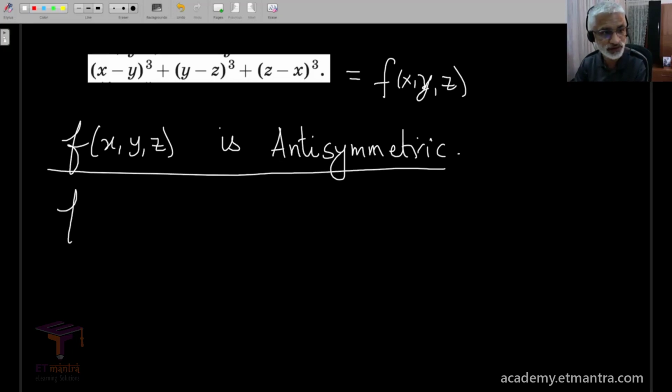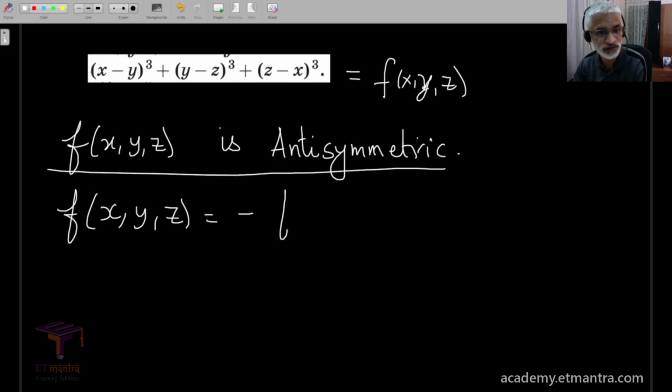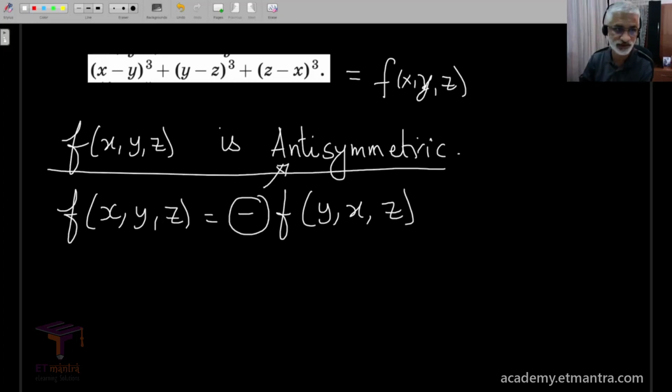If you notice that f of x, y, z is equal to minus, now I'm interchanging the two variables, f of y, x, z, but with the minus sign, then we can say that the function is antisymmetric. Now there is a very wonderful theorem about the representation of antisymmetric functions.